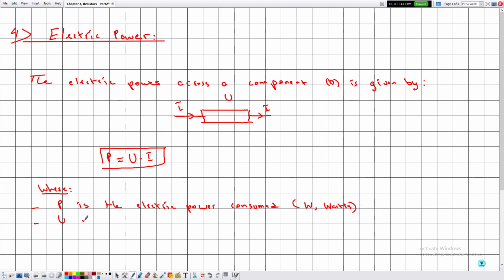U is the voltage. Its SI unit is V, which stands for volts. And I is the current, and its SI unit is A, which stands for amperes.